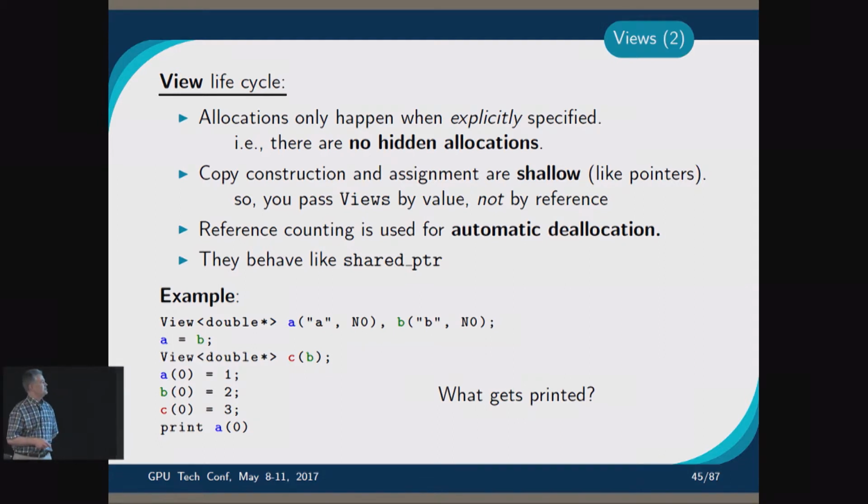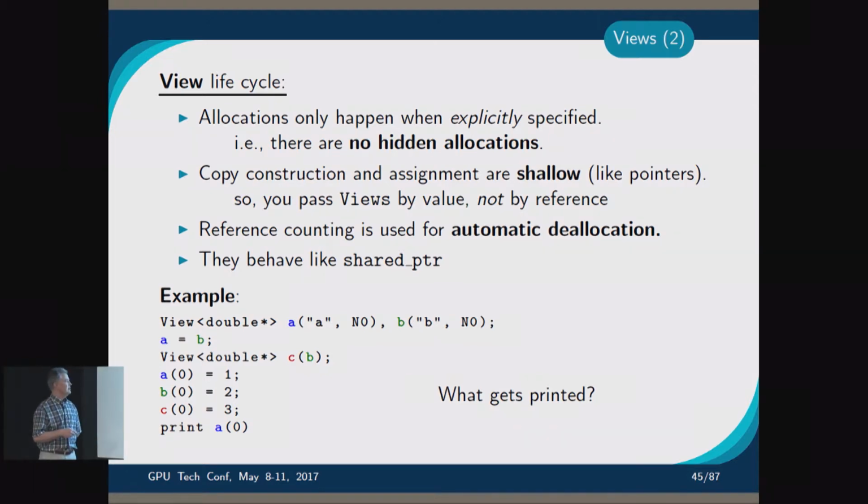I'm going to see if people seem to be awake. I'm going to do a pop quiz here. So we have views, and what does it mean to have shared pointer or shared ownership semantics? We have a one-dimensional view here, A and B. They both get allocated at this point because we said, okay, allocate during construction. And then we assign A equals B. Remember I mentioned before, it's like assigning pointers.